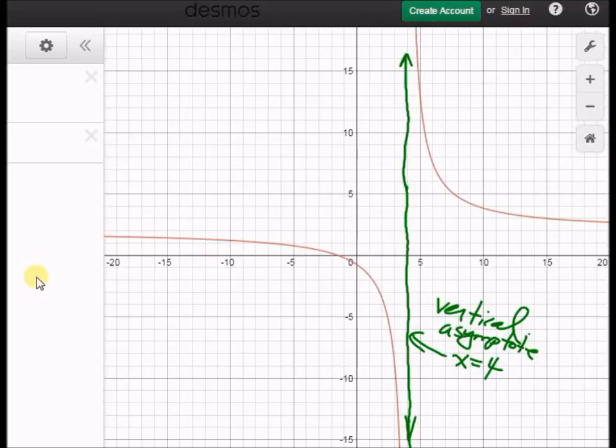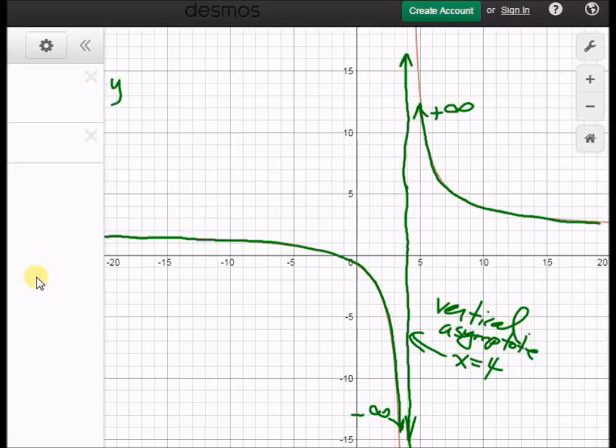Okay, so as x approaches 4 from the negative side, y approaches negative infinity. As x approaches 4 from the positive side, y approaches positive infinity. So this is how we show that notation.